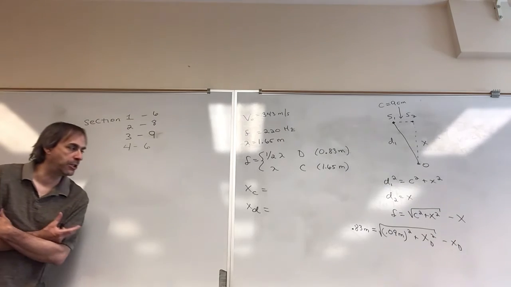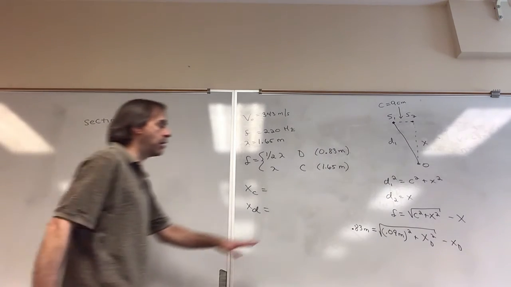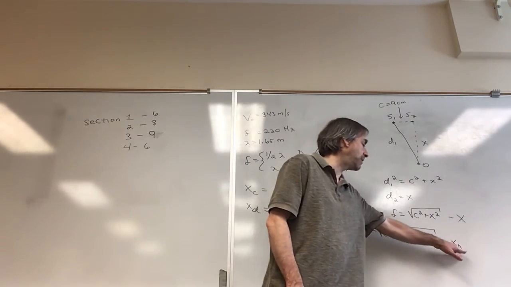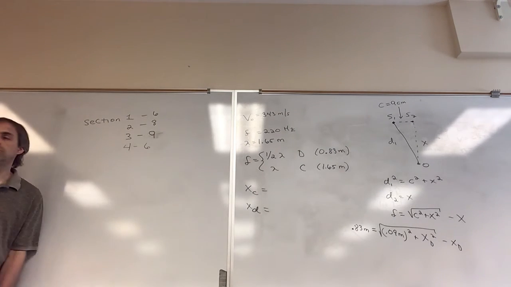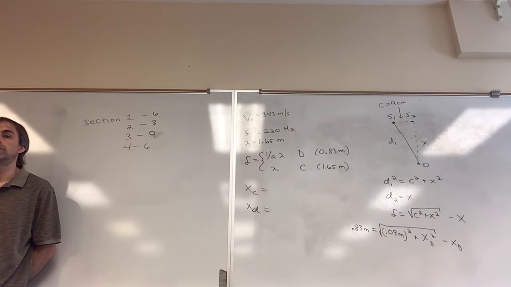But this is a solvable algebra problem. We have an x squared under the square root and an individual x. So we'd have to square both sides of the equation, which would mean foiling this. So it would be something you could do, but not something that we want to do.